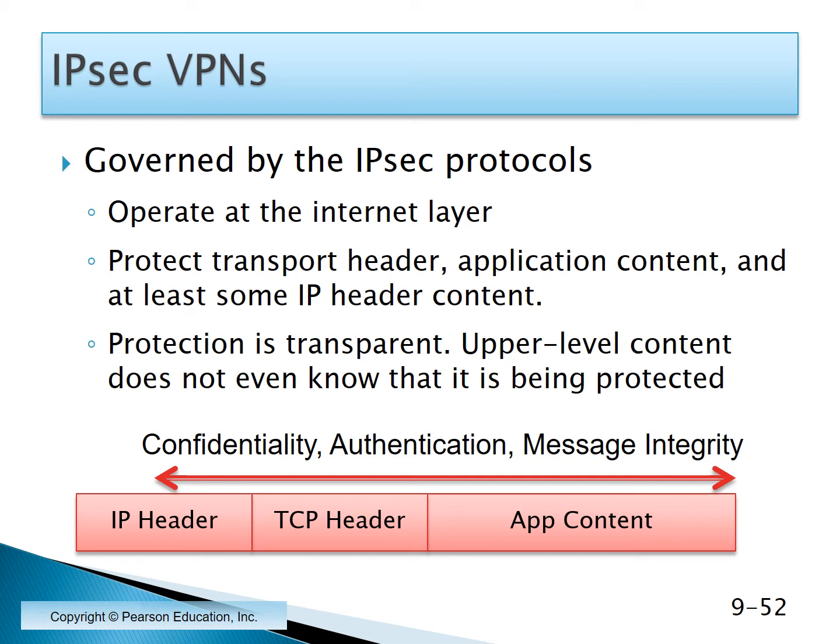For this protection, it provides confidentiality, so the message will not be seen by others. Authentication, so you are talking to the person that you are supposed to be talking to. And message integrity, which means you ensure the content has not been tampered with by other people.